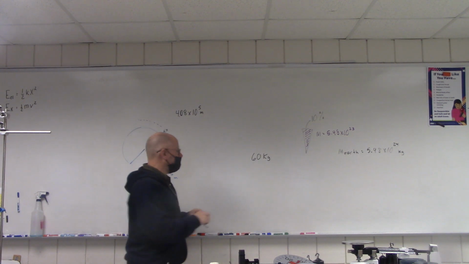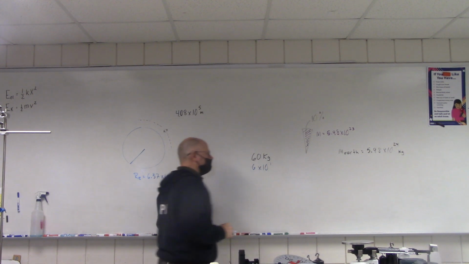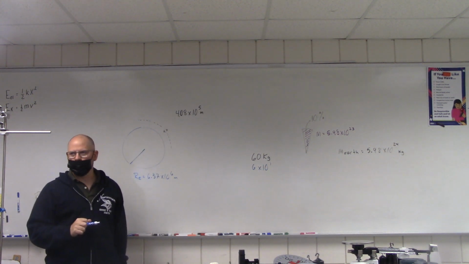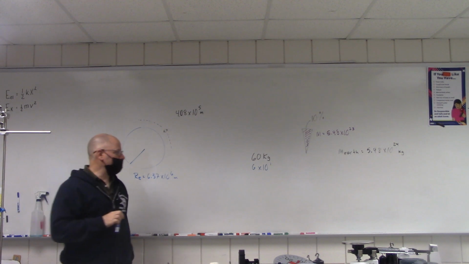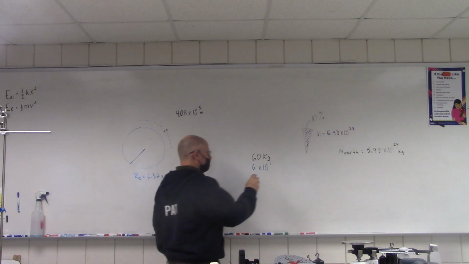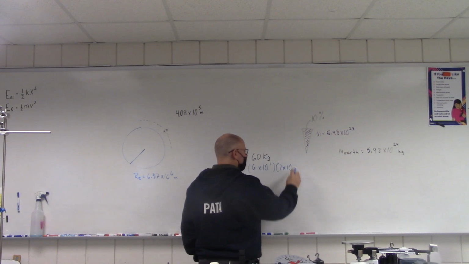So this is 6 times 10 to the 1, right? You guys with me on that? How many people on the planet? 7 billion? So I'm going to multiply this by 7 times 10.